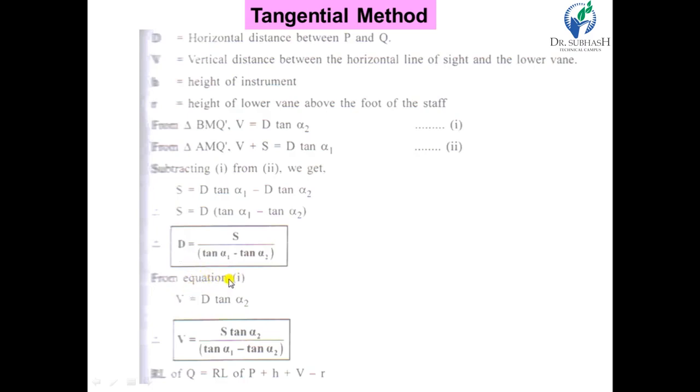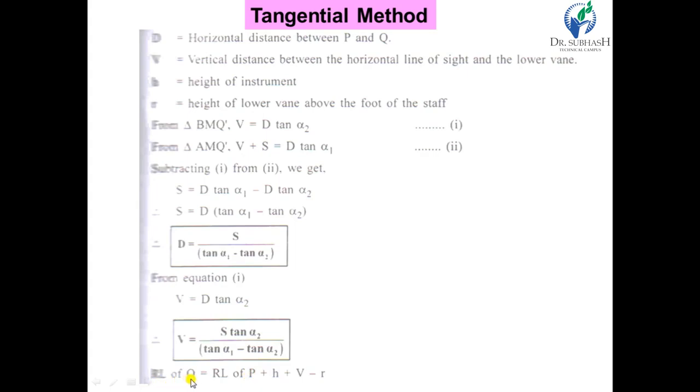Now after getting that equation, we put the value into the first equation, V is equal to D tan alpha 2, and we can get the elevation formula directly: V is equal to S tan alpha 2 upon tan alpha 1 minus tan alpha 2.